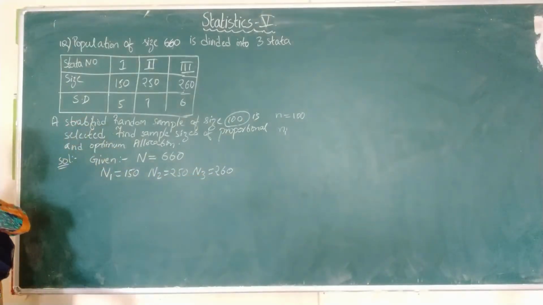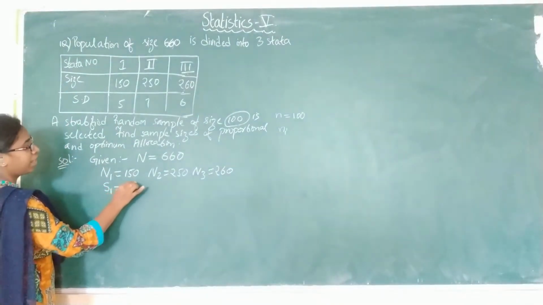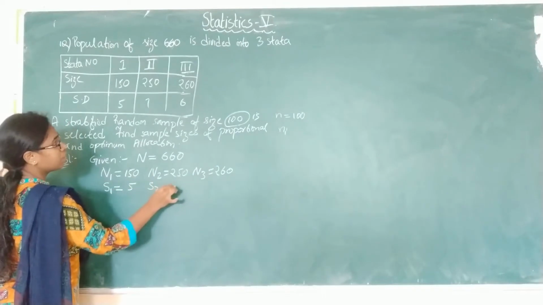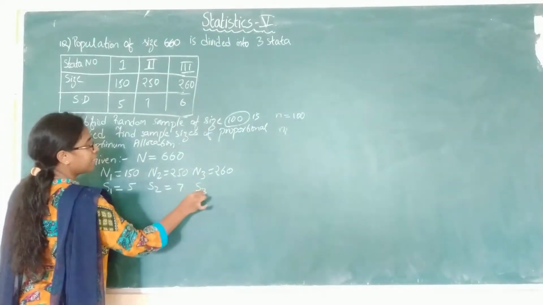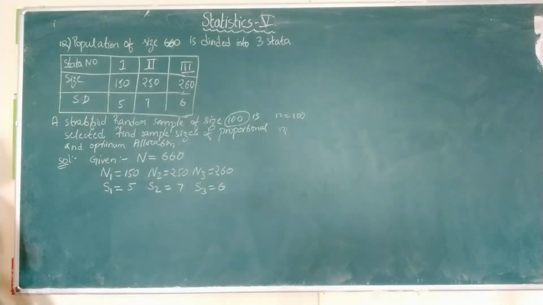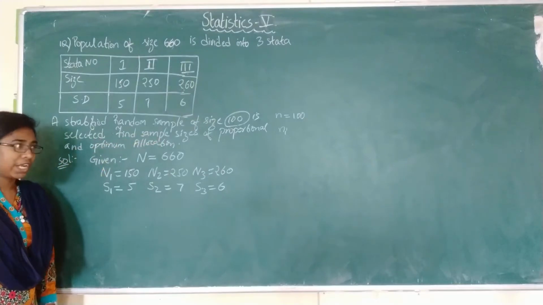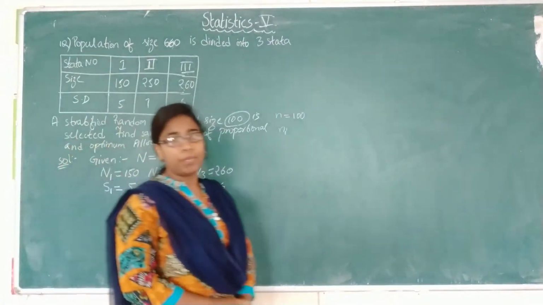The standard deviations, that is the S values, are S1 equals 5, S2 equals 7 and S3 equals 6. From this given information, we have to find the sample sizes under the proportional allocation and the optimum allocation.